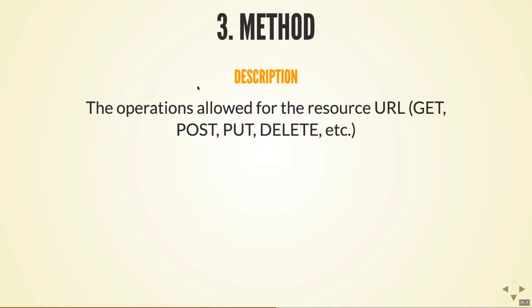Okay, the method usually goes right with the resource URL. You usually put it in full caps to the left or something. And this is like GET, POST, PUT, DELETE. These are the operations that this request is using. The GET is just getting information.